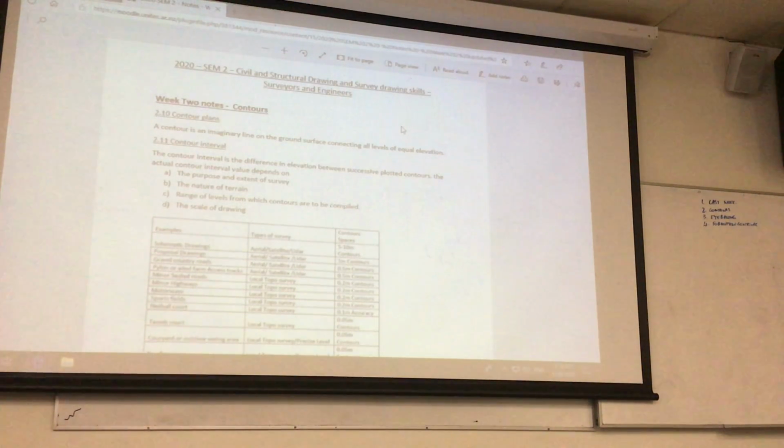The contour interval is something that you don't always get. And that is really dependent on the type of survey. So for example, if you're going to do a motorway, you want the surveyors to go out there and do a really good job of a survey with an accuracy of around about 10 centimetres. Okay? Why? Because you're doing 100 to 120 kilometres an hour.